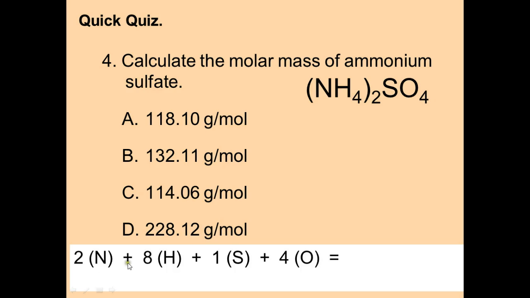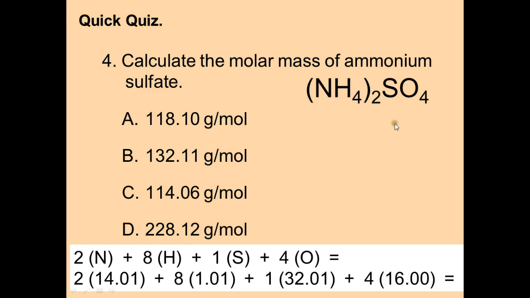So again, we look at the periodic table for the elements' corresponding atomic mass. Nitrogen has atomic mass of 14.01, so 2 times 14.01, and then plus hydrogen's atomic mass, which is 1.01 times 8. Then we do sulfur, which is times 1, so you can just put 32.01 from the periodic table again, atomic mass.